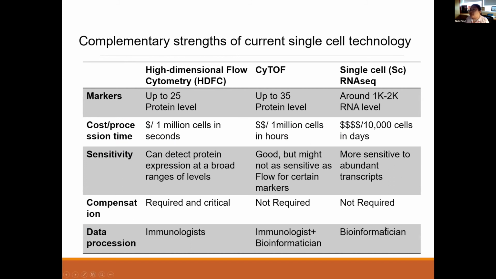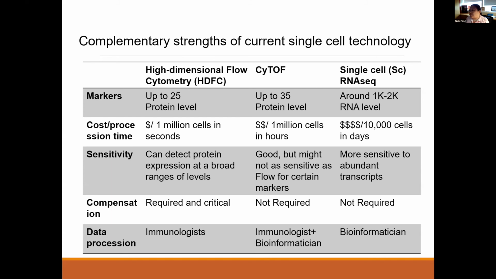So here I just use the three most commonly used single cell technologies to compare: high dimensional flow cytometry, CyTOF, and single cell RNA-seq. For markers, flow cytometry currently goes only up to 25 protein markers, and this is limited by the fluorochrome diversities.